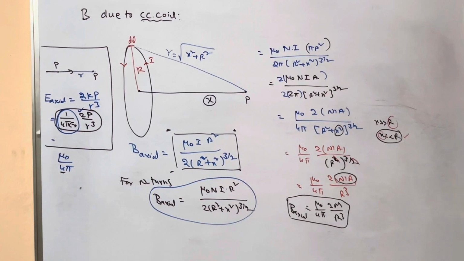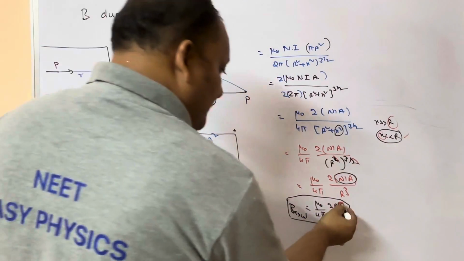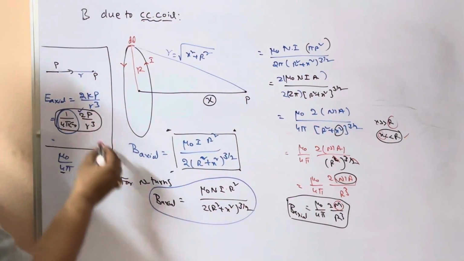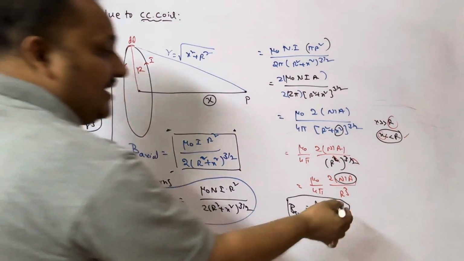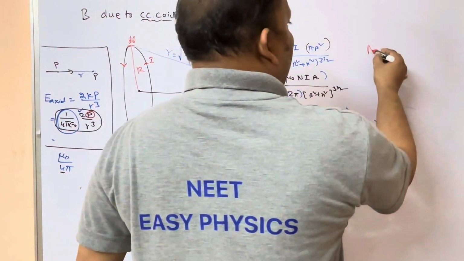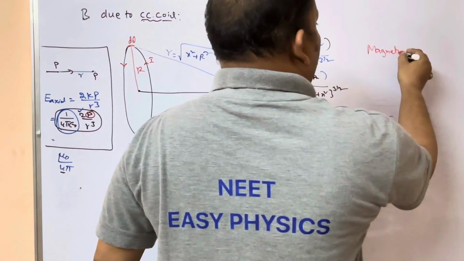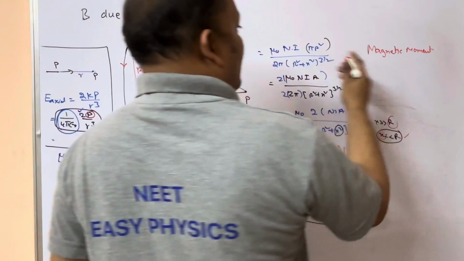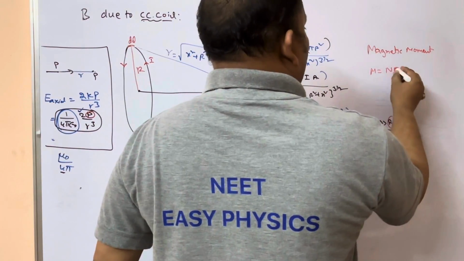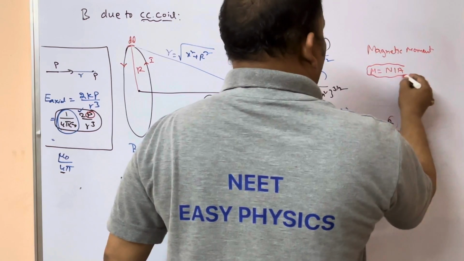So, now what is that capital M? In this, if you compare with this, here P is the dipole moment. Now, here capital M is the magnetic moment of this circular coil. Capital M is equal to NIA.